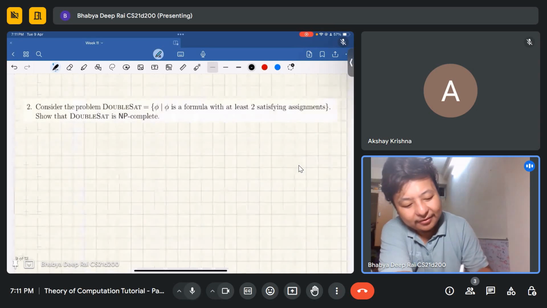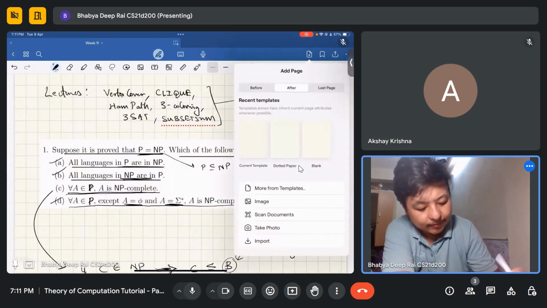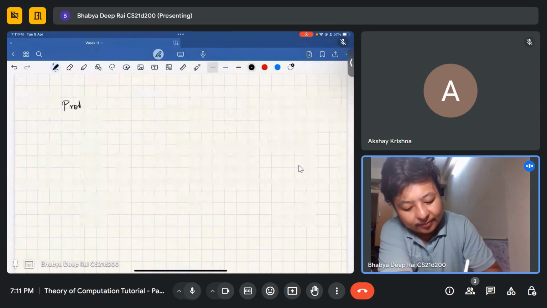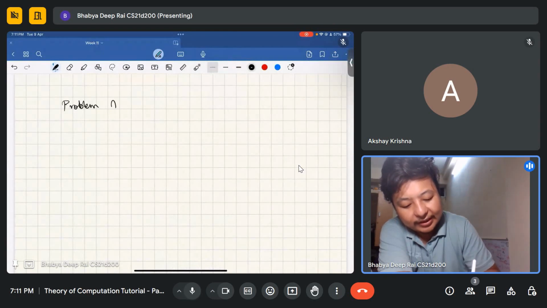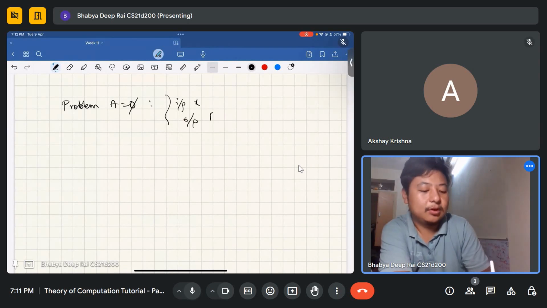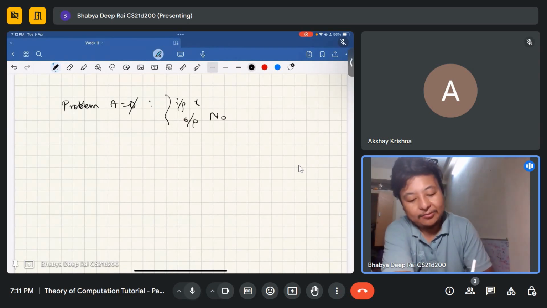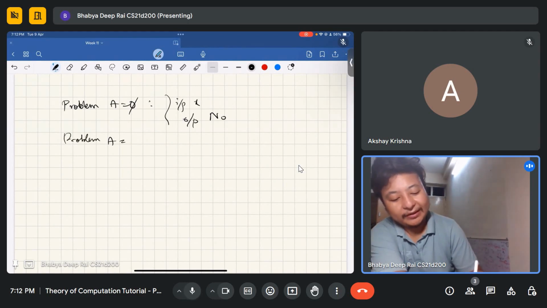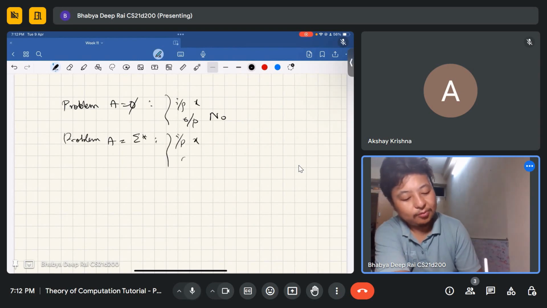So what does problem A look like? Problem A equals phi will look like: given an input x, output no, always. And when A equals sigma star, the decision problem is: given an input, output yes always.